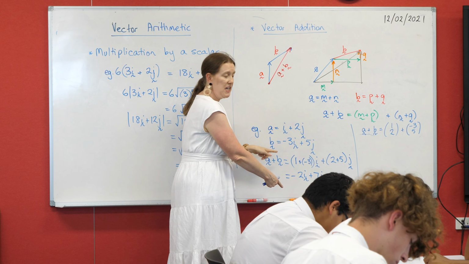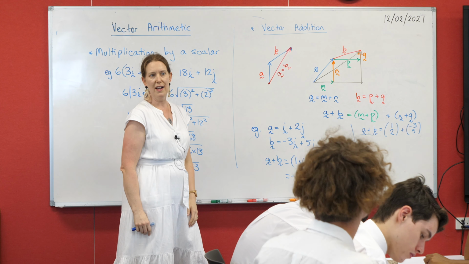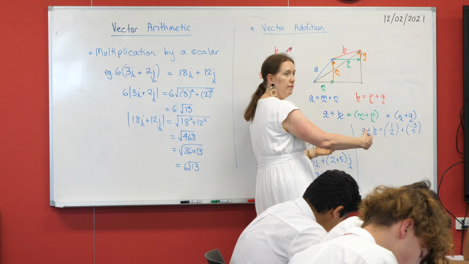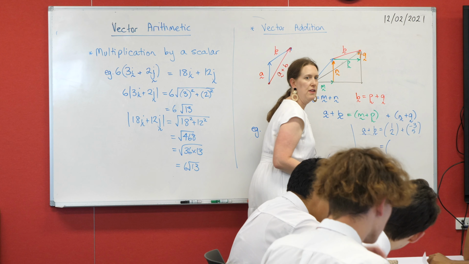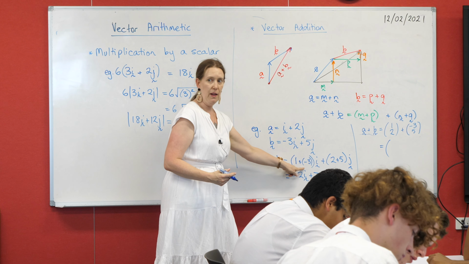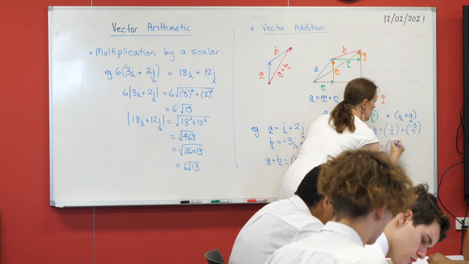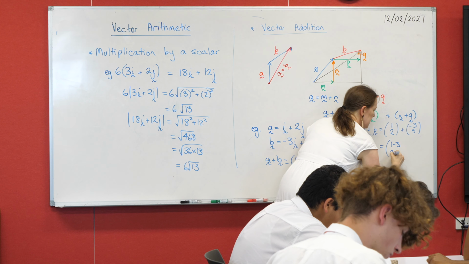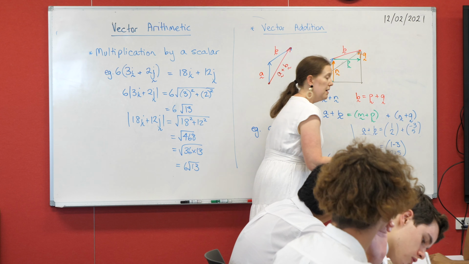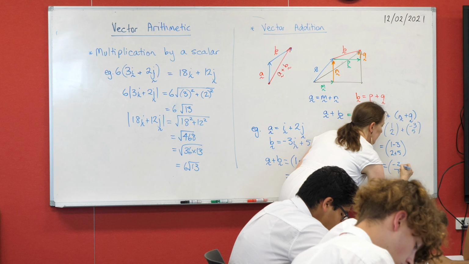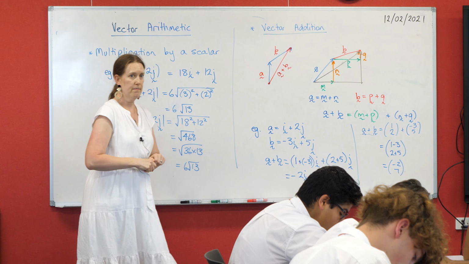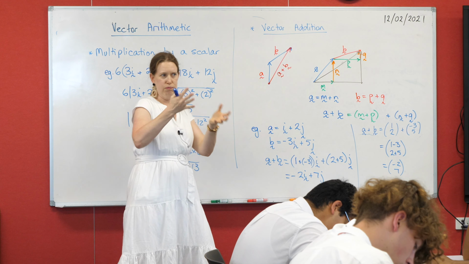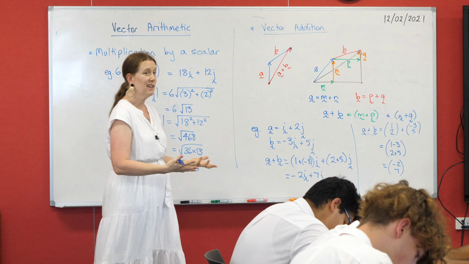That's exactly what we did here, but it was nice and obvious because they had all these beautiful i's around them. Agreed? So when we do it in column form, we still do the same thing. 1 plus minus 3. It's still my i direction. My j direction is still 2 plus 5. My answer is still minus 2, 7. Are we good? So even though it looks like we might need to do something else, it's exactly the same idea.